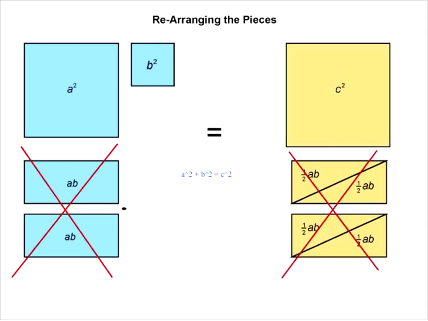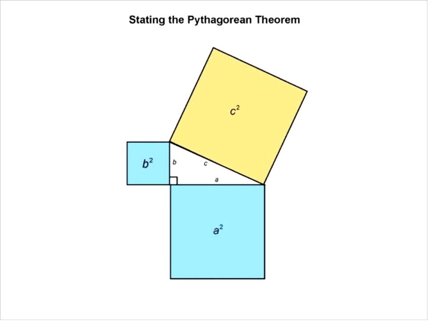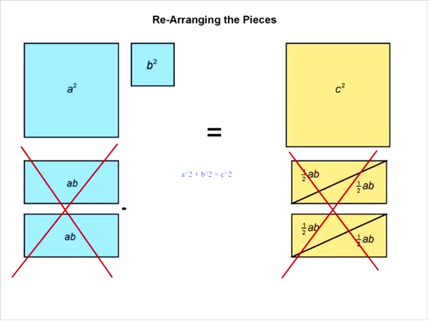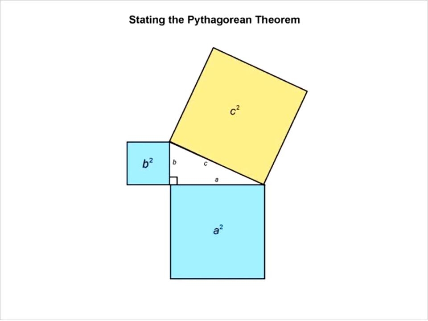So now I'm going to move on to the next page so you can see. Now remember, these are the leftover pieces. I had an A square piece, a B square piece, and a C square piece. Now I go back to the triangle that I had, and I put the pieces that were left along each of the sides of this triangle.